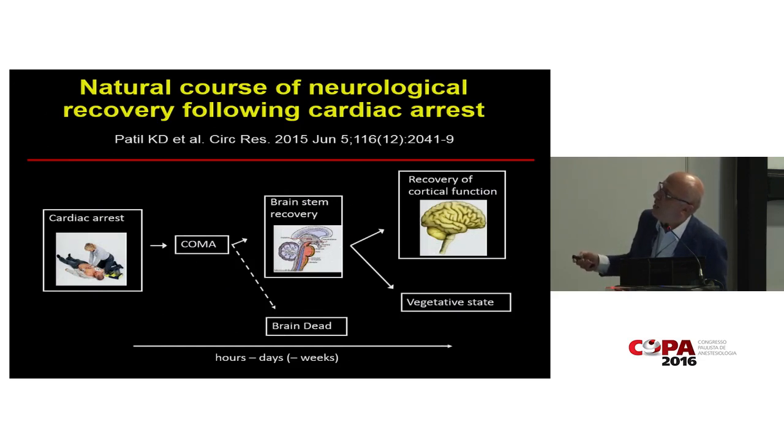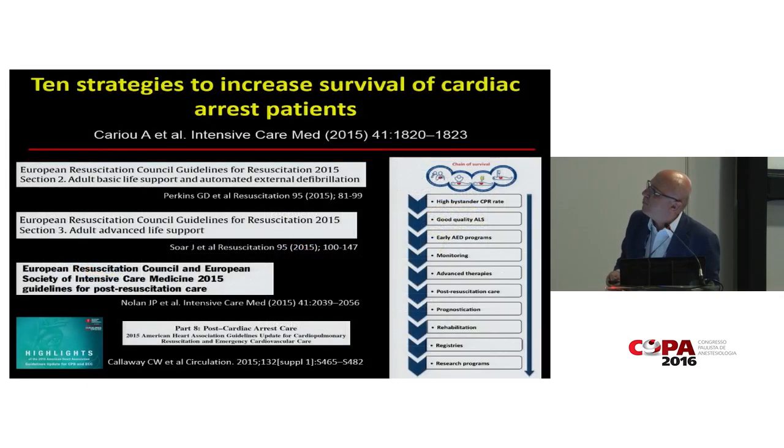One is brainstem recovery or brain death, and in case of brainstem recovery, we can have a recovery of the cortical function, but unfortunately, in many cases, a vegetative state. So I will try to discuss today that mechanical ventilation can play a role to try to prevent, as much as possible, vegetative states after cardiac arrest.